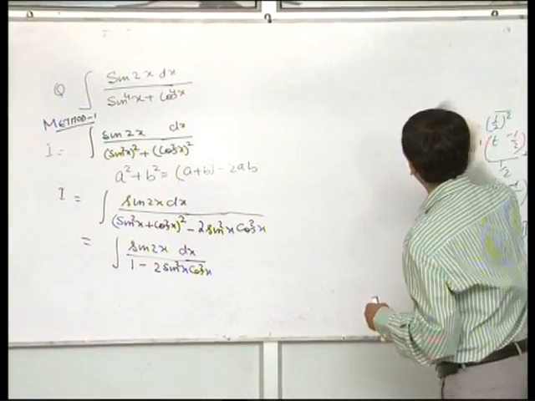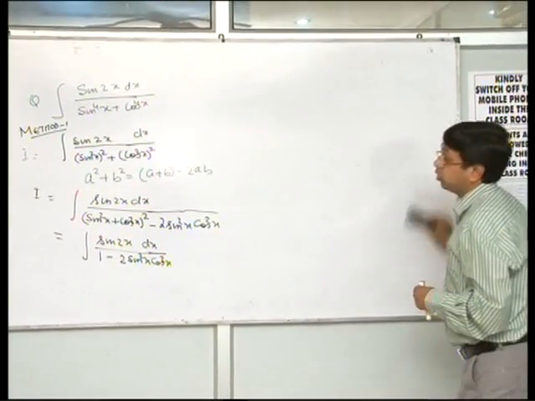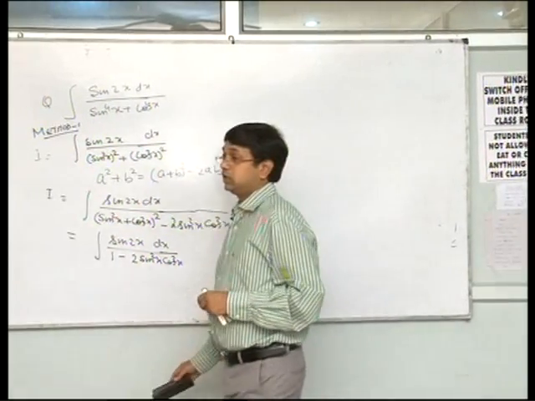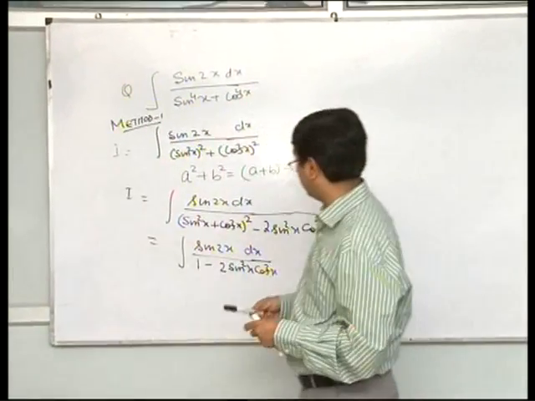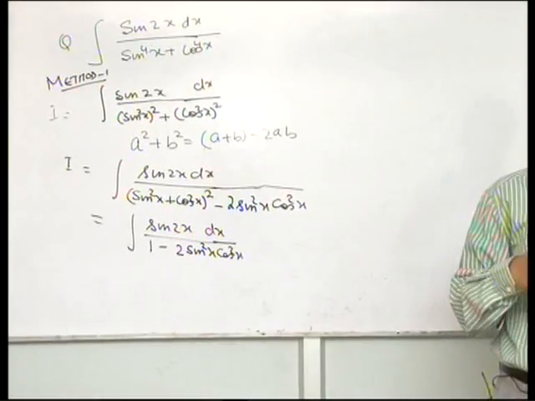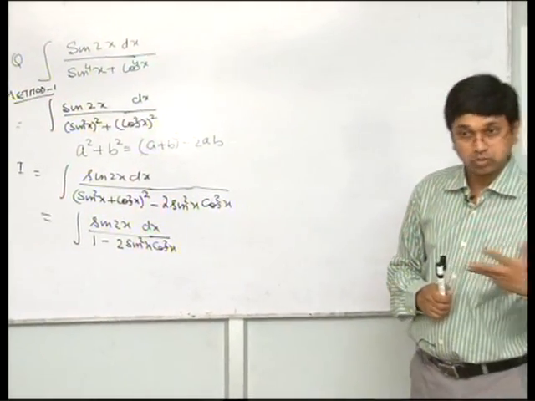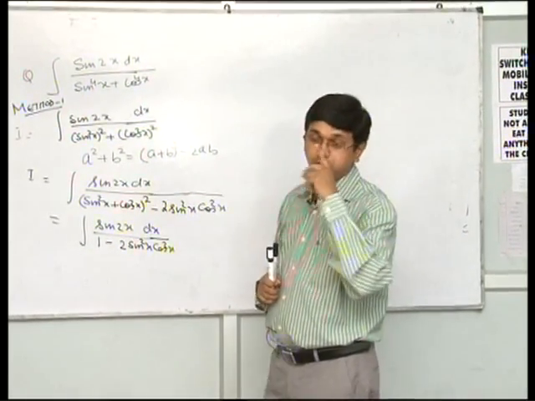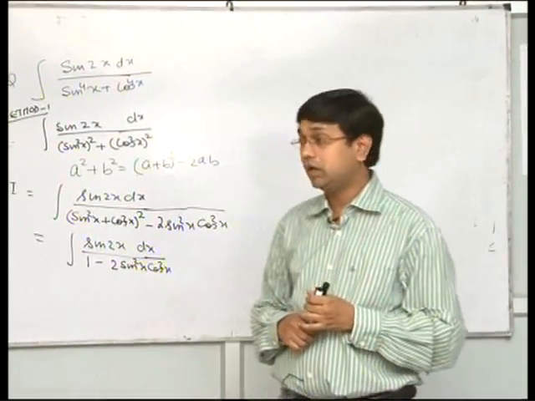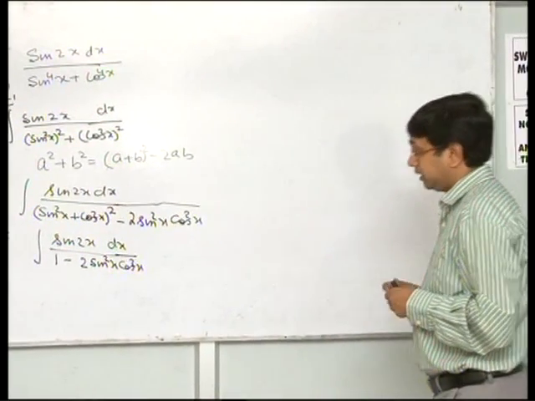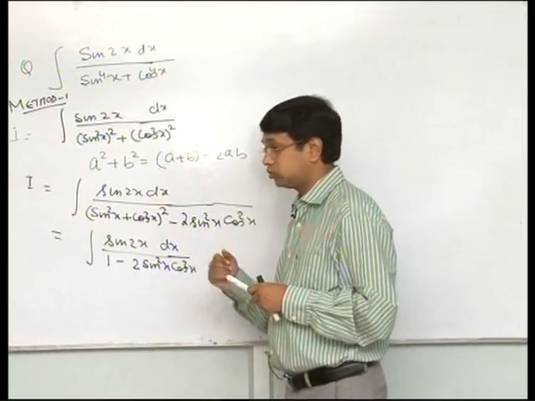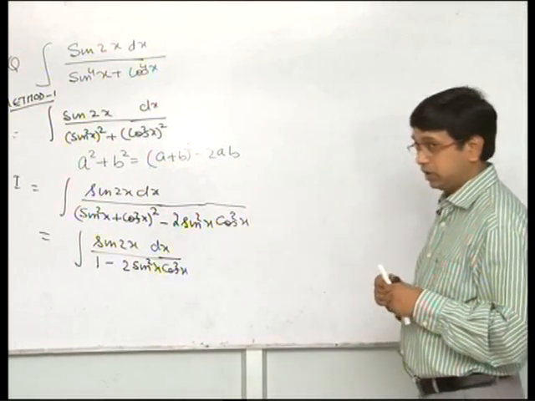Now is there any other alternative which we can go about after here? See, you have to keep looking at this numerator. We have a sin 2x. So sin 2x is the derivative of sin square x, and it is also the derivative of cos 2x. Now can we get cos 2x over here somehow? Yes, we can.